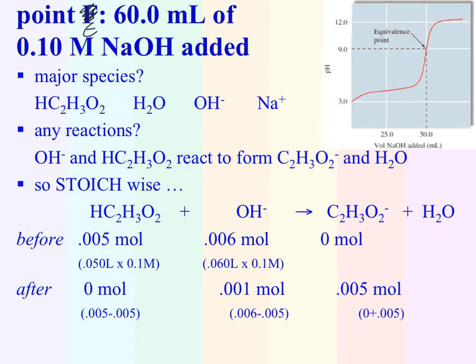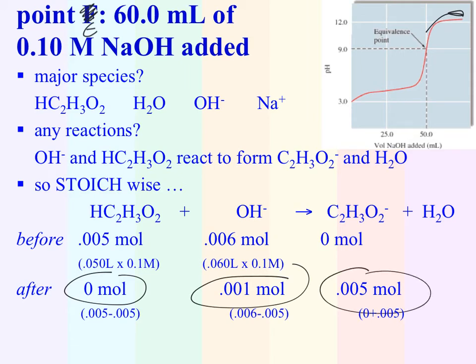And obviously if we continue to add base, our pH is only going to increase as we see here in the curve. So we approach the stoichiometry just like we have been. Remember, we used up all of our acetic acid. After we've used up all of our acetic acid, there's going to be some hydroxide ion remaining, and we're going to continue to have that constant value of the acetate ion because we've picked up all the H pluses and produced a bunch of water.